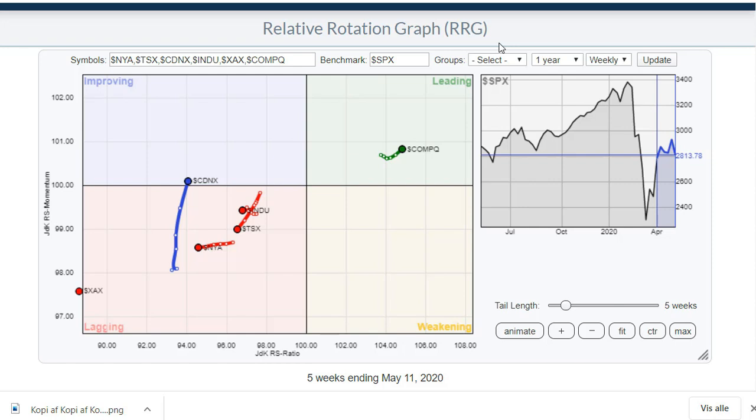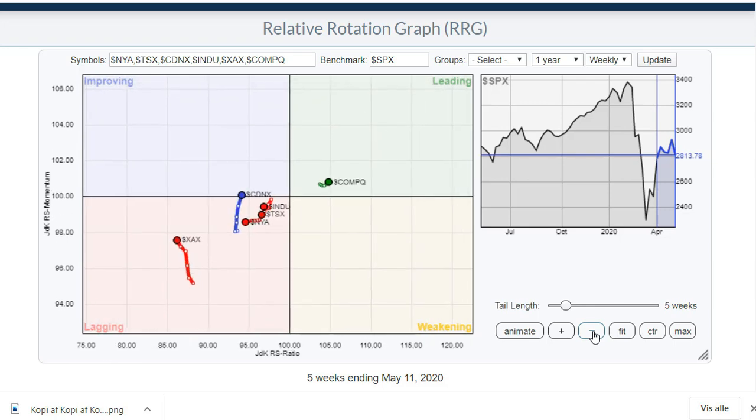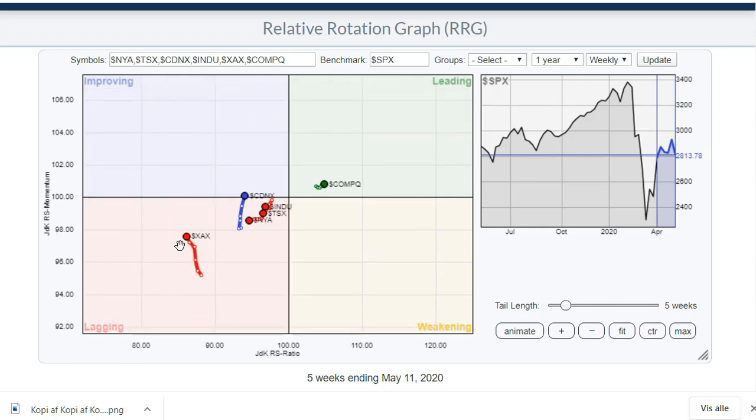So what we have here is a visualization of it, and first of all, this little graph, we can just make it a bit bigger here. This is where it is all going on, and down here we have what is called the JdK relative strength ratio.